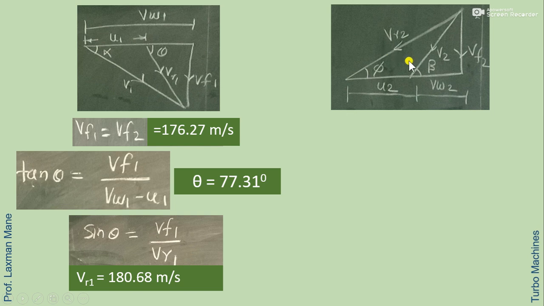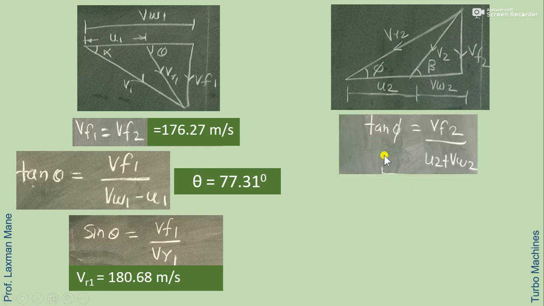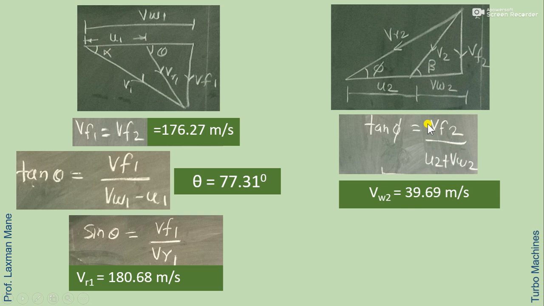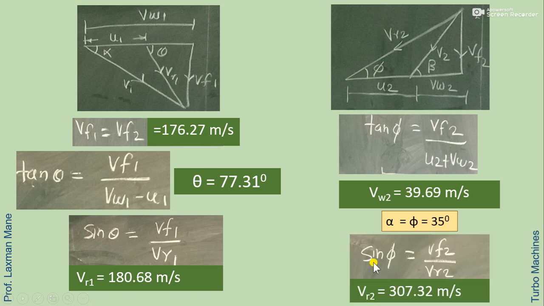After that, using the outlet velocity triangle and taking tan phi ratio, means opposite side VF2 divided by adjacent side, this U2 plus VW2. From this formula you can obtain the VW2 value. Then as phi is equal to 35, you can use sin phi ratio and you get the value of VR2.